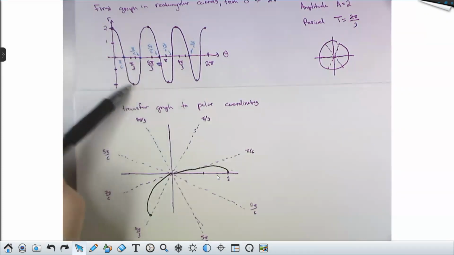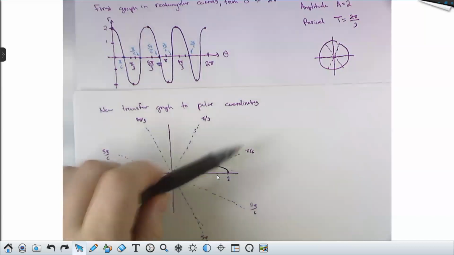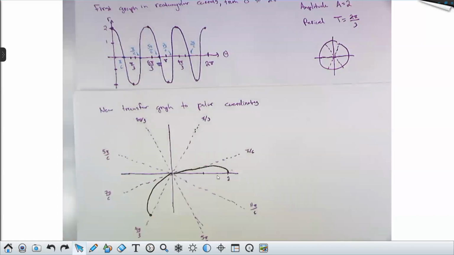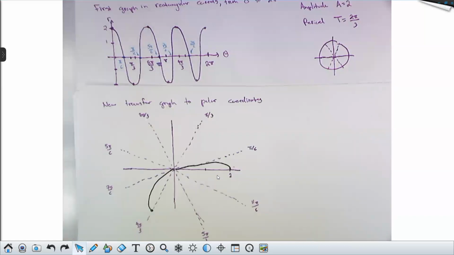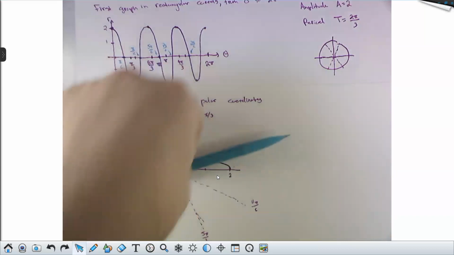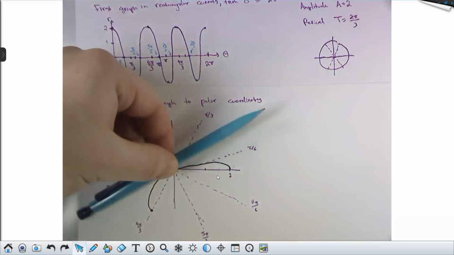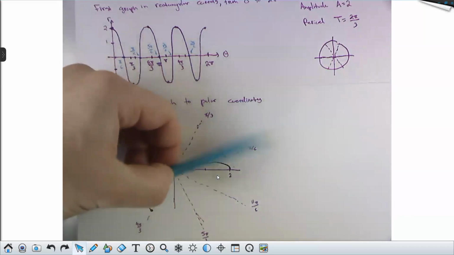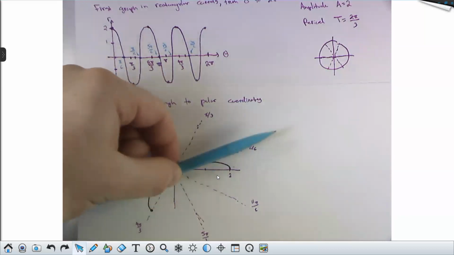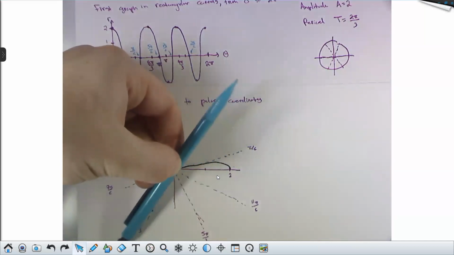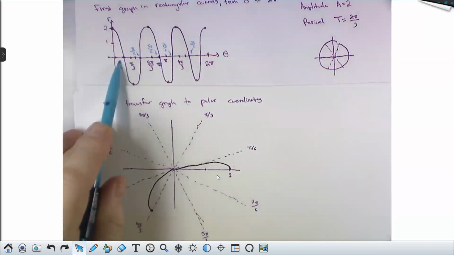So this little portion of the curve here, our theta is rotating from pi over 6 to pi over 3. Stop getting my hand in the way. There we go. Theta rotates from pi over 6 to pi over 3. Normally, I would be drawing over here where the tip of the pencil is. But because r is negative, I will be drawing over there. And that radius is going from 0 out to 2.